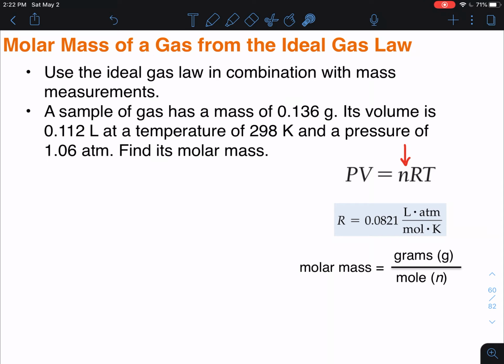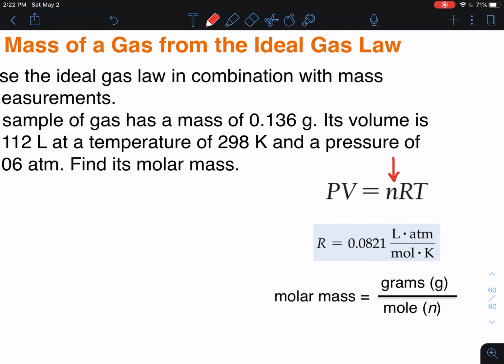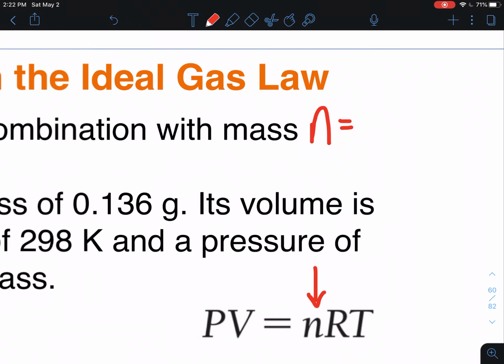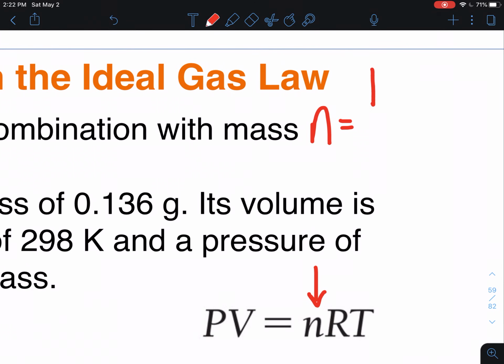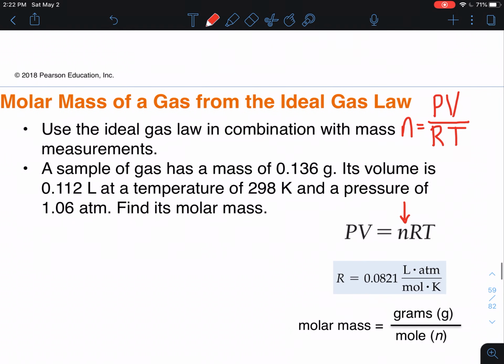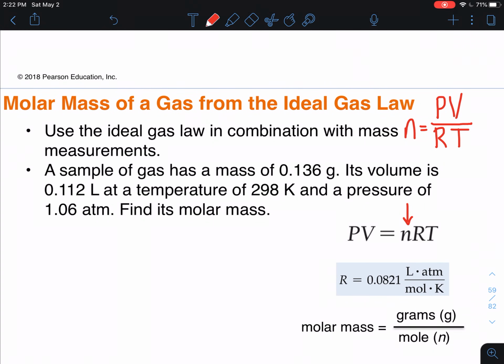So again, obviously we're going to be rearranging this equation to solve for n, just like in the previous example, where we had n equals PV over RT, okay? And then I'm going to go ahead and start assigning my variables.